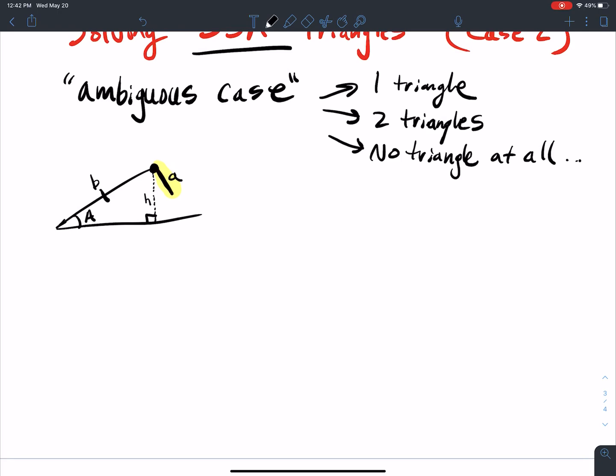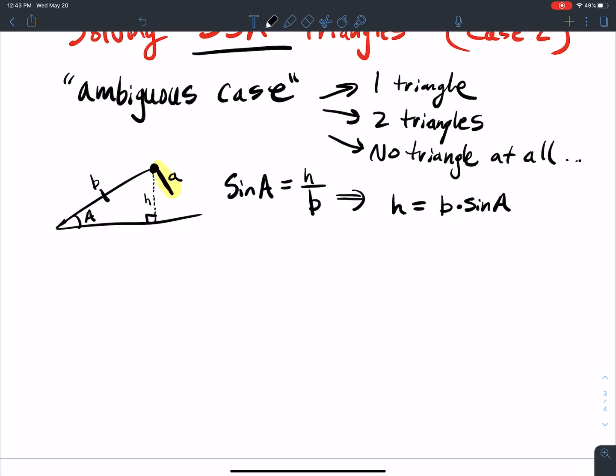We use the fact that the sine of capital A is opposite over hypotenuse, right? So the sine of A equals opposite over hypotenuse, so that's that H. And to solve for H, we get H equals B times the sine of A.